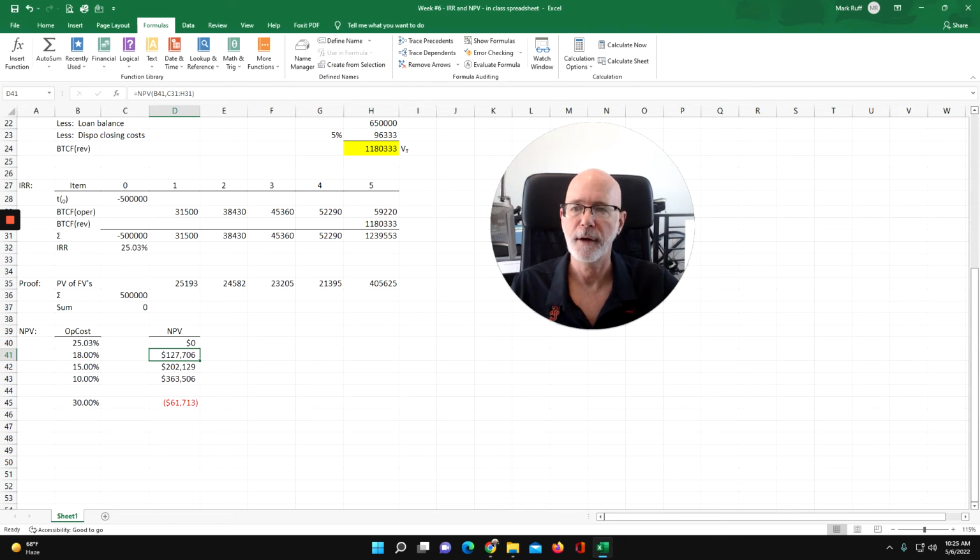All right? Therefore, I'm usually going to consider investments that have at least a 0 NPV or greater. I'm not going to consider any investment that has a net present value of less than 0.